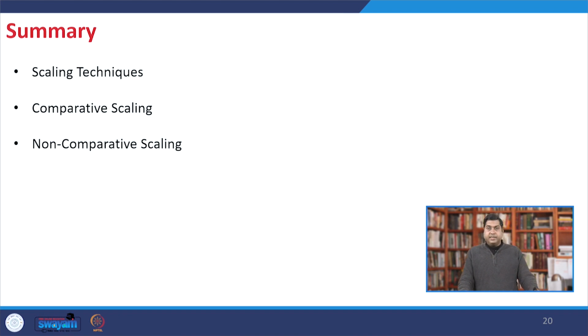So let us summarize. In the last lecture and this lecture, we discussed the scaling techniques. We discussed in detail comparative and non-comparative scaling techniques, the options and their pros and cons. For selection, you have to determine what kind of response you expect, whether your questionnaire will be an odd scale or even scale, and what your end purpose is, that is, what kind of analysis you are going to do.